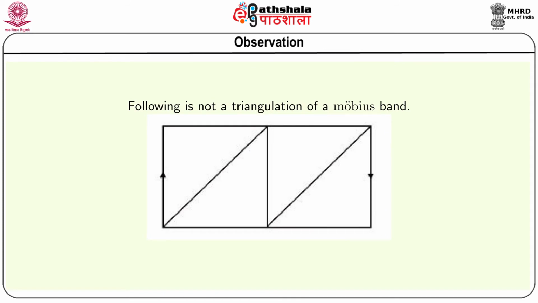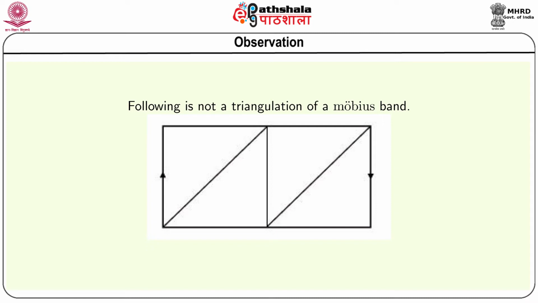In this example, we see that this is not a triangulation of a Mobius band. Why so? If we take the second and third triangle shown in this diagram, then the vertices of the second triangle and the vertices of the third triangle are all the same.